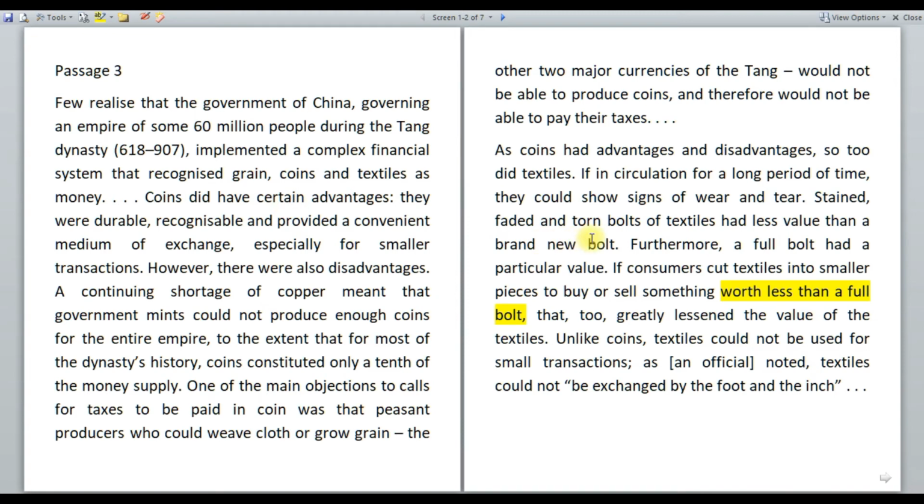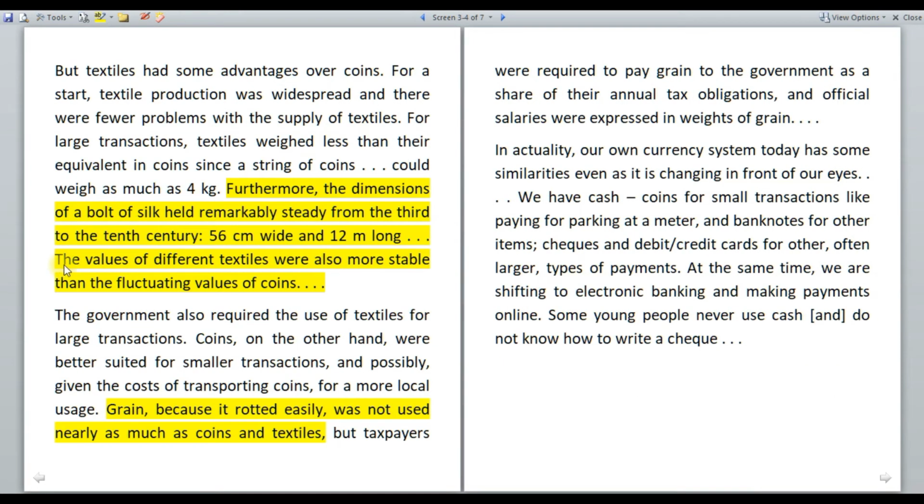What about value? Once you read this portion, it becomes very clear. The values of different textiles were also more stable than the fluctuating values of coins. Again, we find a contradictory piece of information here. So this cannot be inferred. The value of coins was not more than the values of textiles. In fact, here it's indicated that the values of textiles were more stable than the fluctuating values of coins.